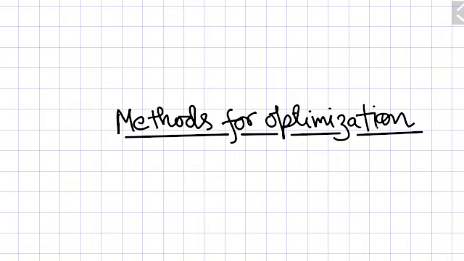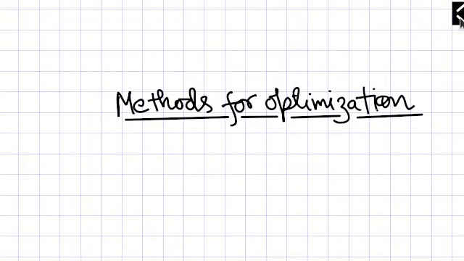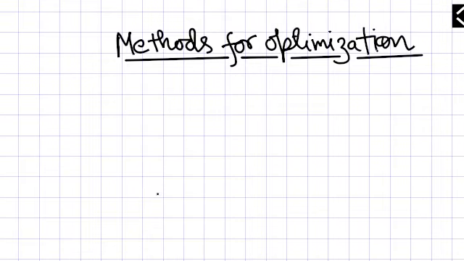Methods will be discussed to optimize a function. So in this module 2 we are starting with this topic, and I will now concentrate on the first method, that is, you can say, the classical method of optimization.